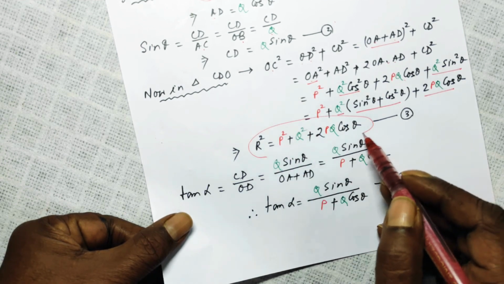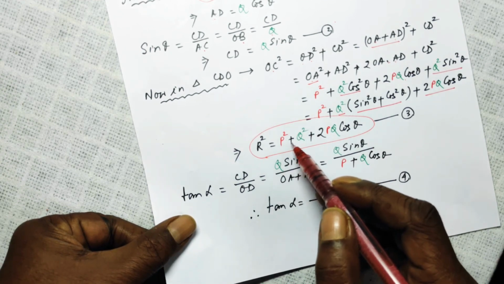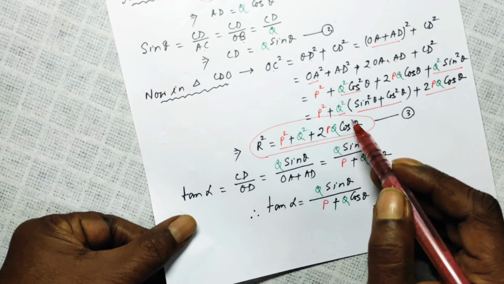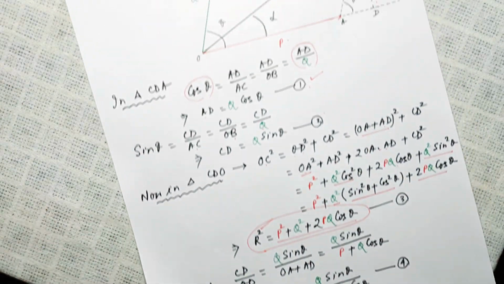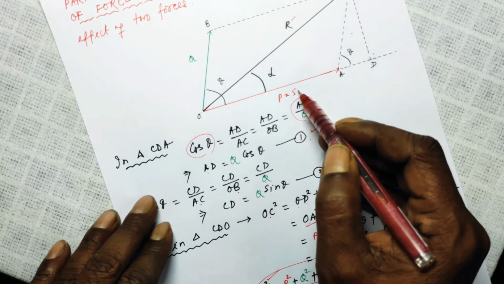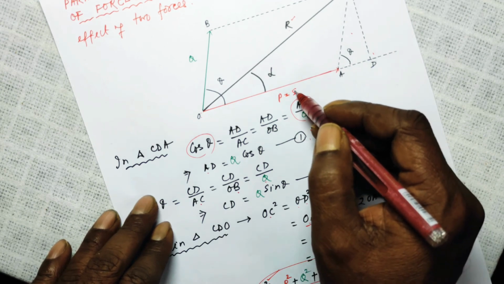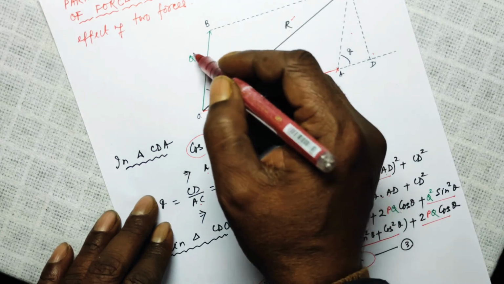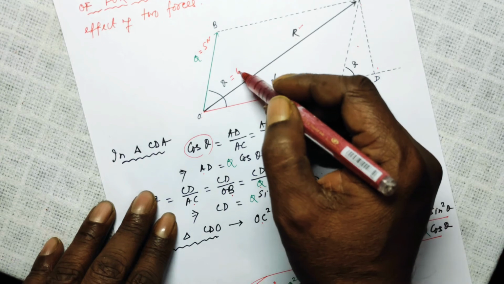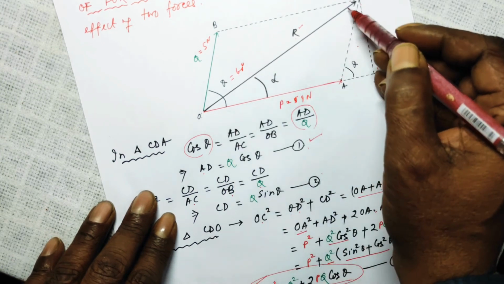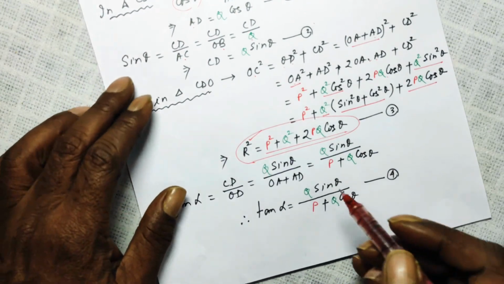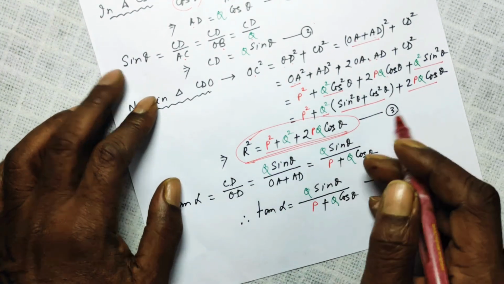What does this give? If you know the value of P, the value of Q and the value of theta, and you put them here and take a square root, then you find out the value of R. Let's say P is equal to 9 Newton, Q is equal to 5 Newton, and theta is equal to 60 degrees, then the value of R can be found out from this.